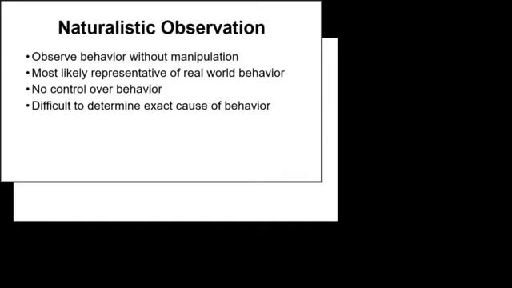You might have to watch these organisms for a very, very long time in order to observe even one case of what you're looking for. So naturalistic observations are time-consuming. You're not guaranteed to see the behavior that you're looking for, especially if it's a rare behavior.